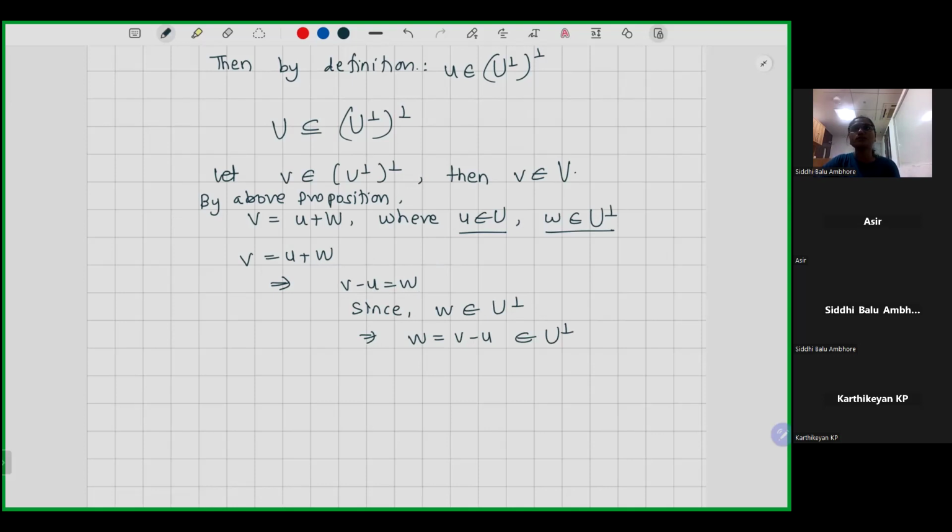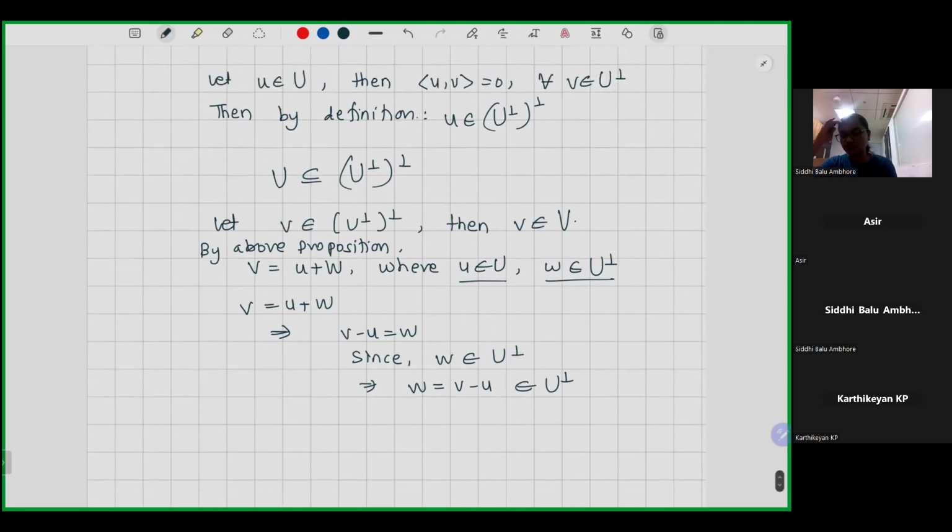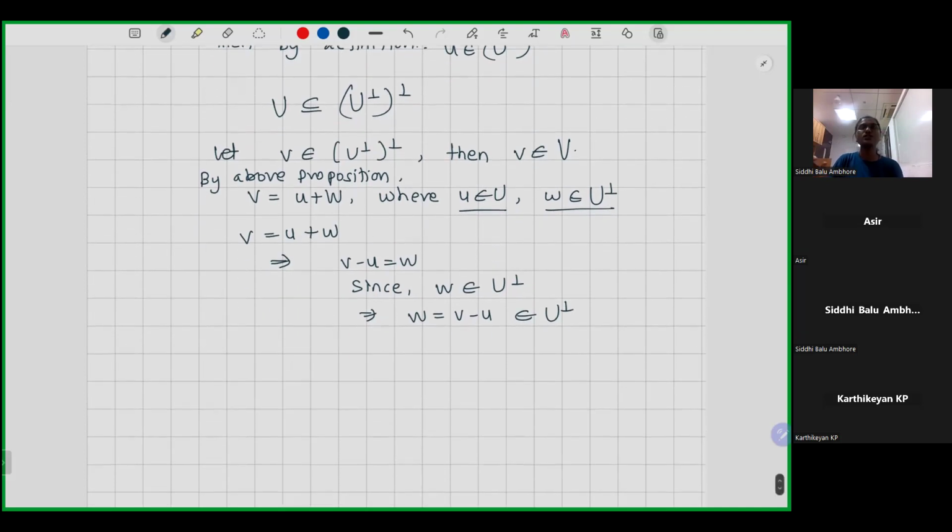Here we are writing V equal to U plus W, right? Using this proposition. But what does U plus W mean? We are adding two vectors. It is the addition of two vectors, where U is from U and W is from U perp.